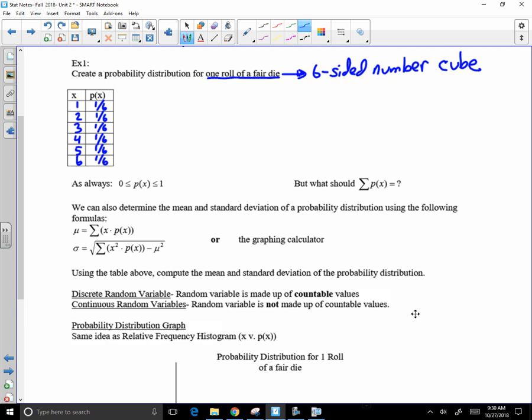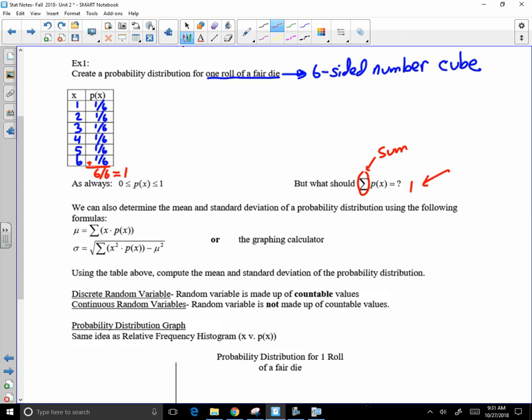Now, if I were to add up that P of X column, I would get 6 out of 6, which is equal to 1. So then my question, again, this means sum: what should the sum of P of X be? Well, it should be equal to 1.